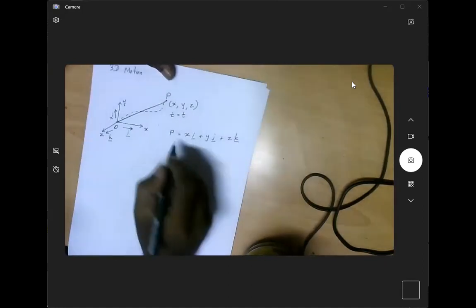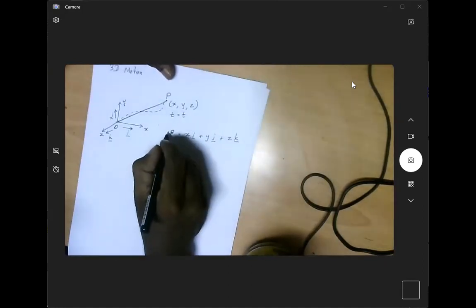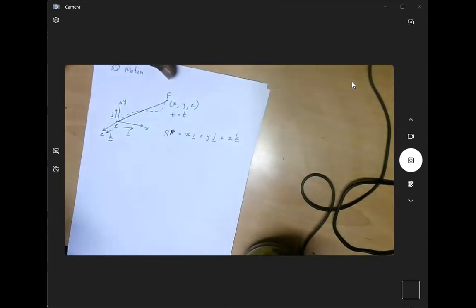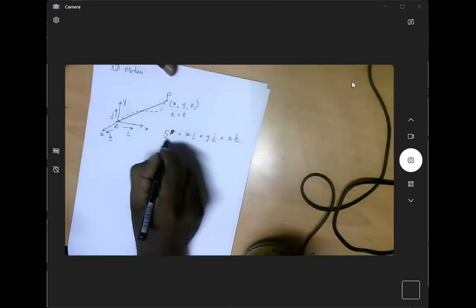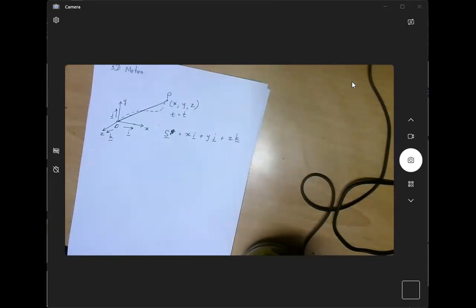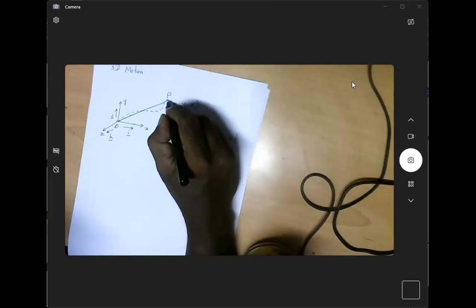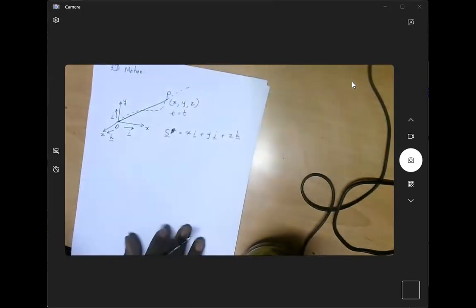Right? P, or we can say displacement, both are the same. And this is a vector quantity. That is our particle at time t.